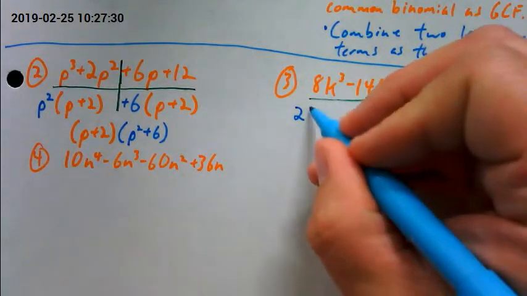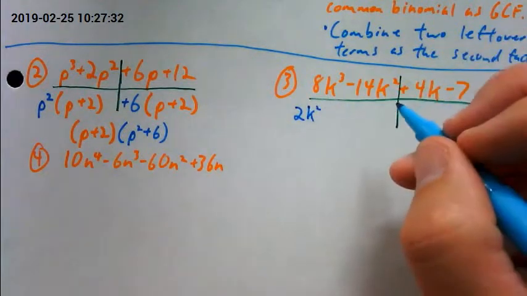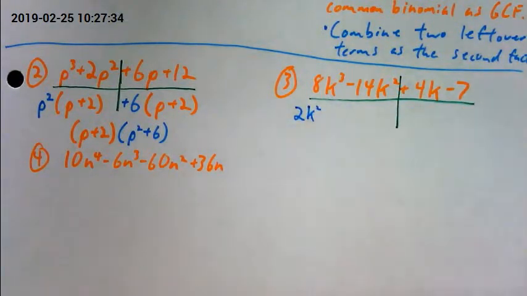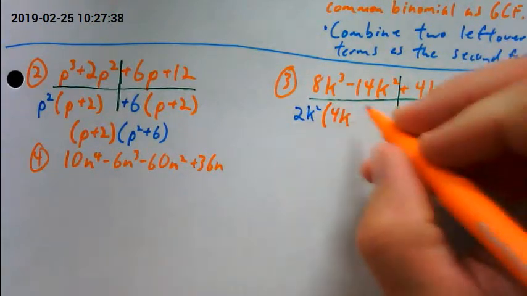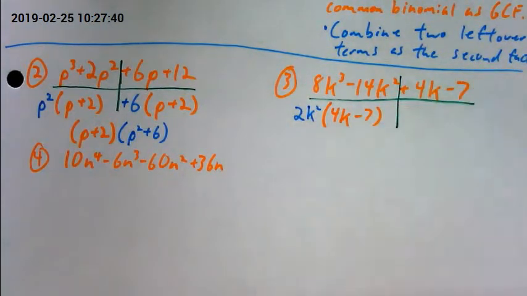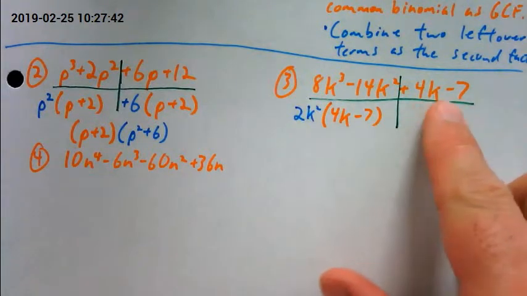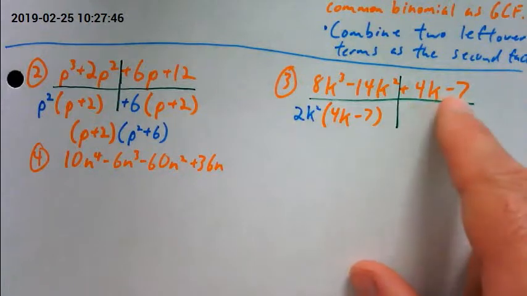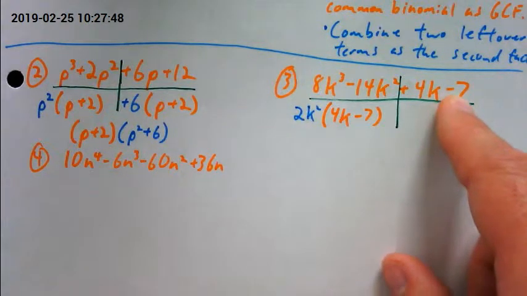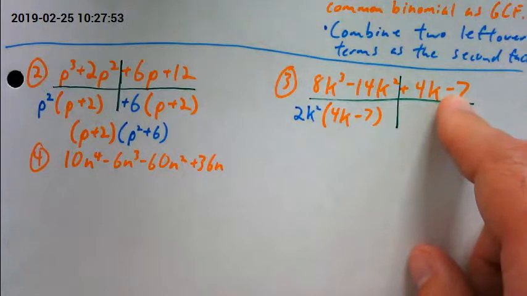The k values, we have a k to the second. What's left over? 4k minus 7. Do those two have anything in common? No. Nothing but 1.